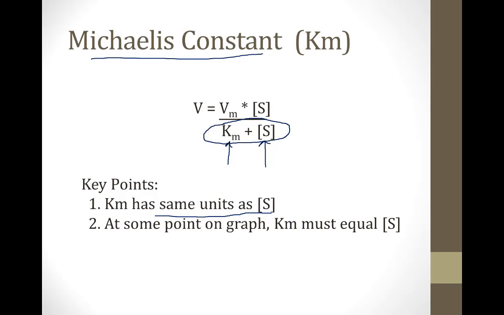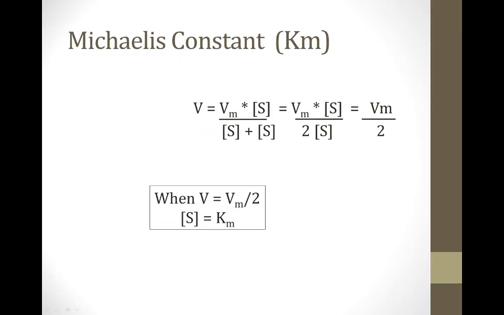If we accept that Km has the same units as S, then we should also be able to accept that at some point on the graph, Km must be equal to S. That's what we want to find, that point on the graph, so we can identify Km. To figure out where that point is, let's just change Km to S. That's what I've done right here. Instead of writing Km, I've written the concentration of S. Now we put this together, and we get 2S on the bottom.